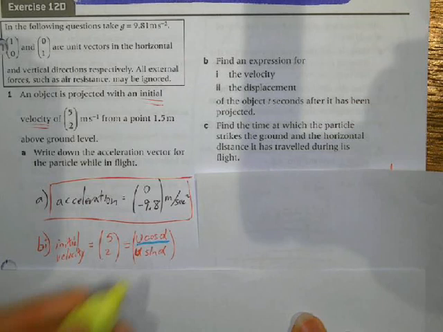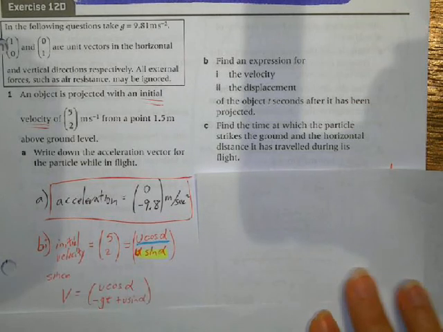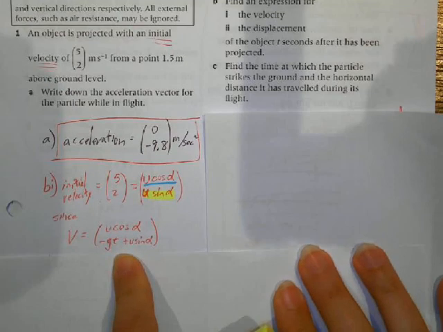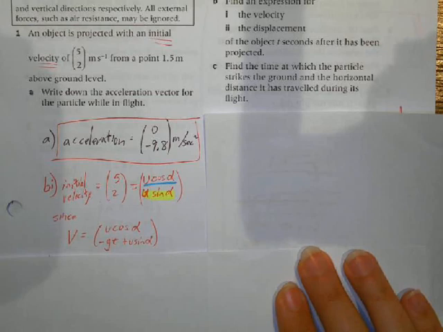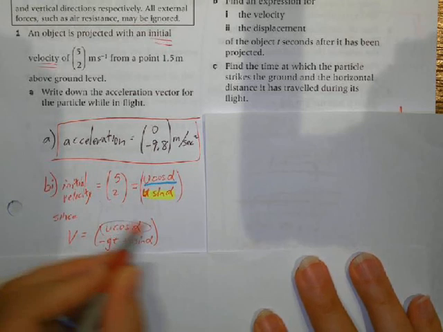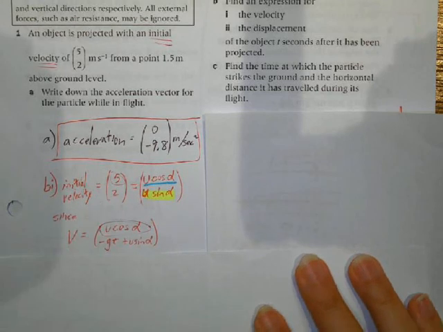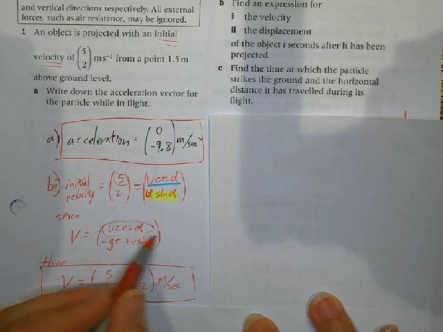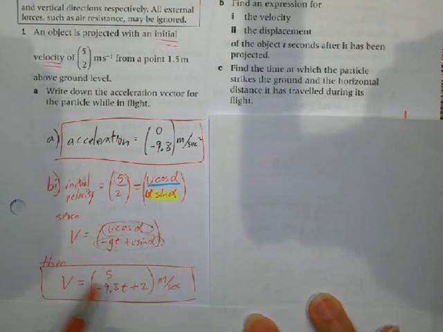Since the velocity formula is this, I can make this equal to 5, and I'm going to make this equal to 2.